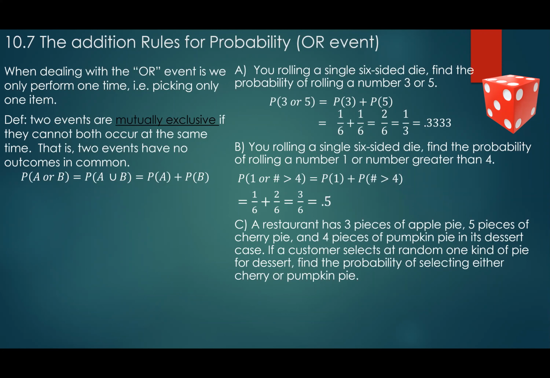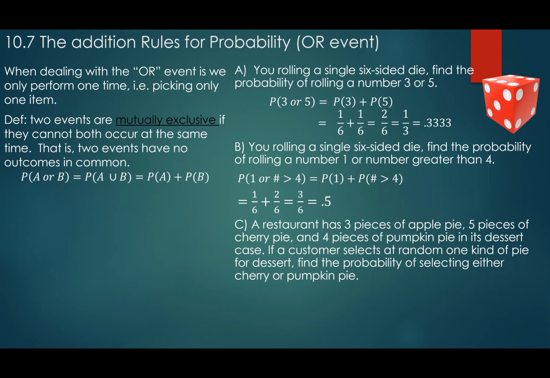Looking at this, do you agree that we do not have any pie that includes cherry together with pumpkin? You either have an apple pie, a cherry pie, or a pumpkin pie. We don't have any pie that has half cherry and half pumpkin together. They did not tell us that for this particular problem.